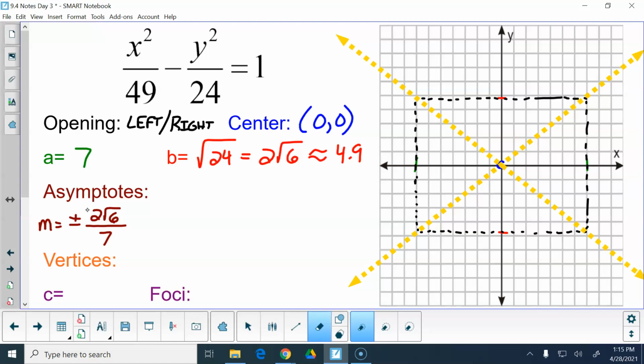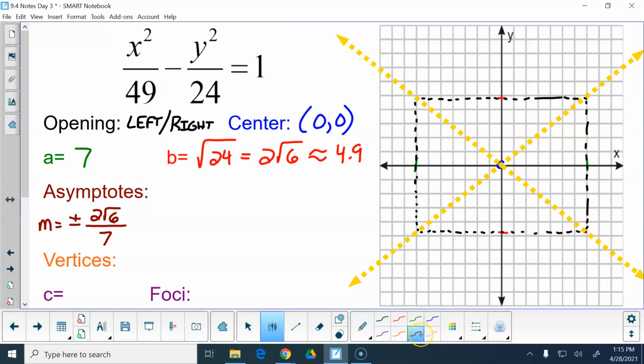What are the y-intercepts of our asymptotes? Zero, right? Because the center is at the origin, right? Yeah. So the y-intercepts for both we know.